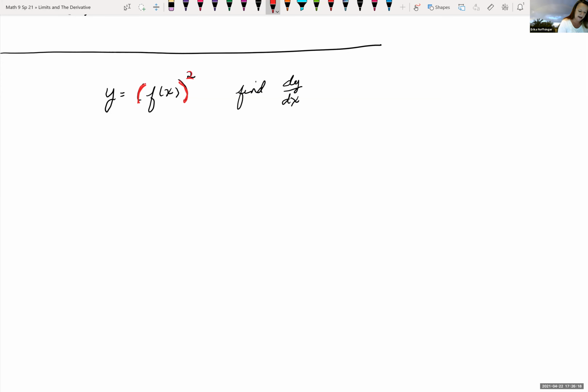So we would look at dy dx is equal to, bring down this 2, f of x, nothing changes inside, to the first power, but we had to write times that derivative of f of x, so times f prime of x.